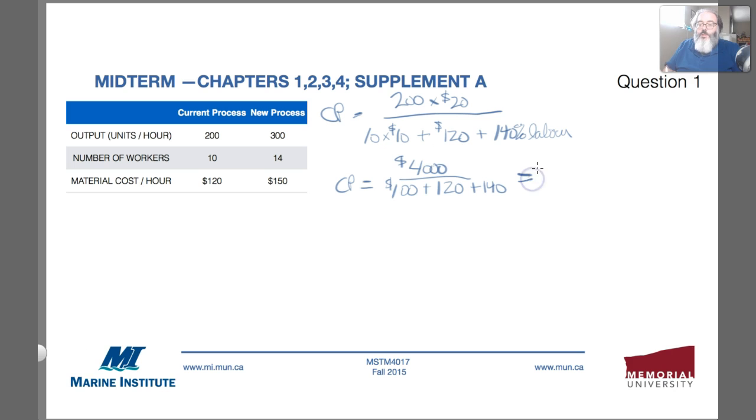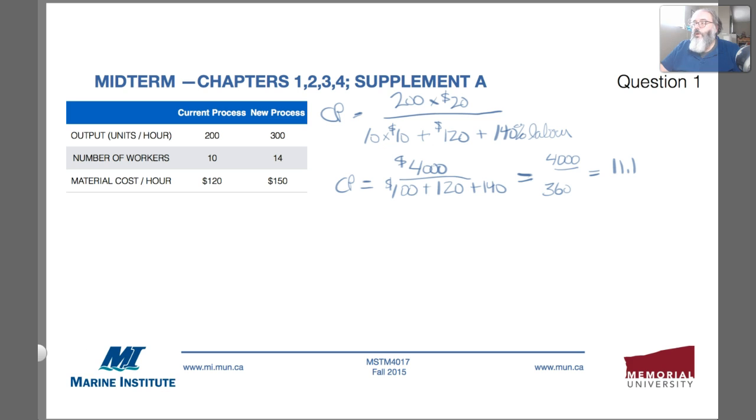So that's going to be equal to 4,000 over 360, and then I just plug that into the calculator and I got 11.1. So that's the multi-factor productivity for the current process.